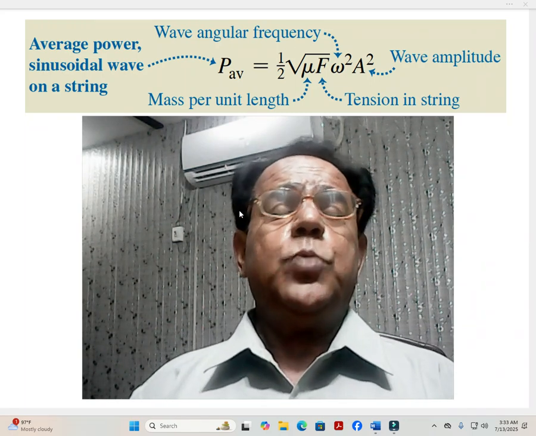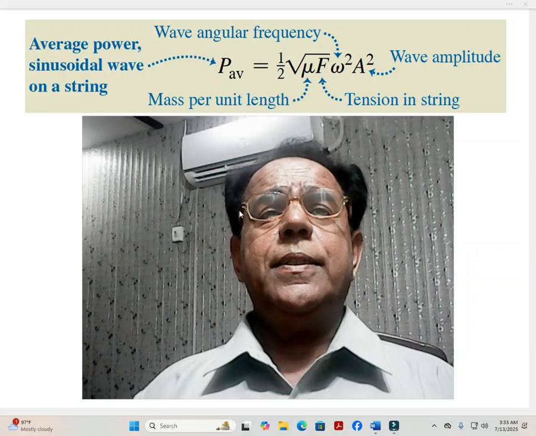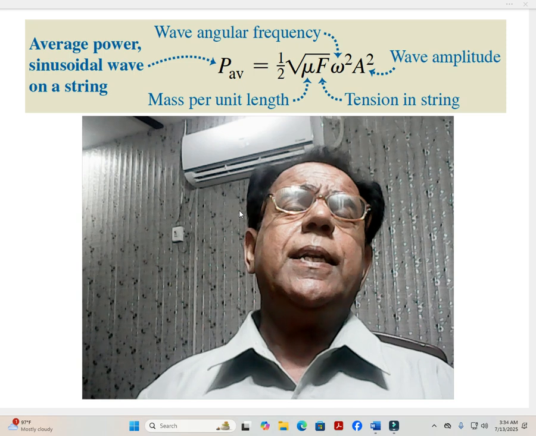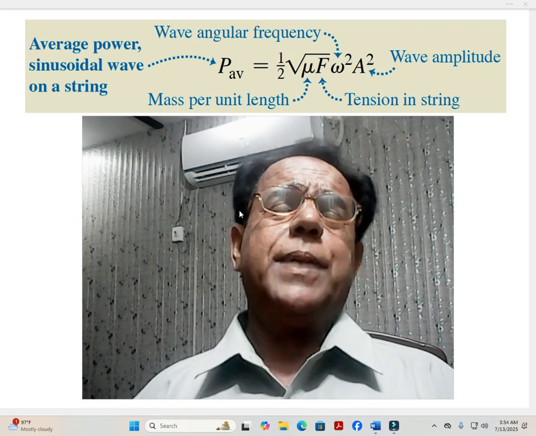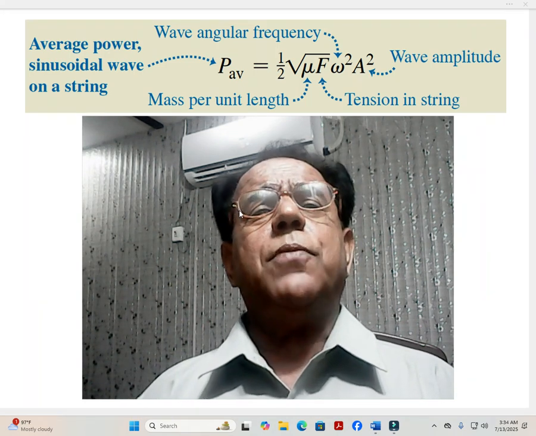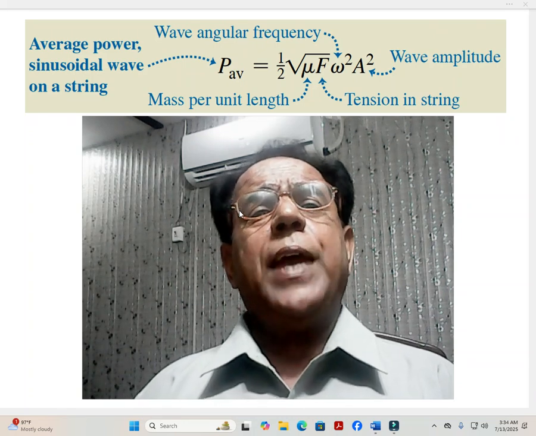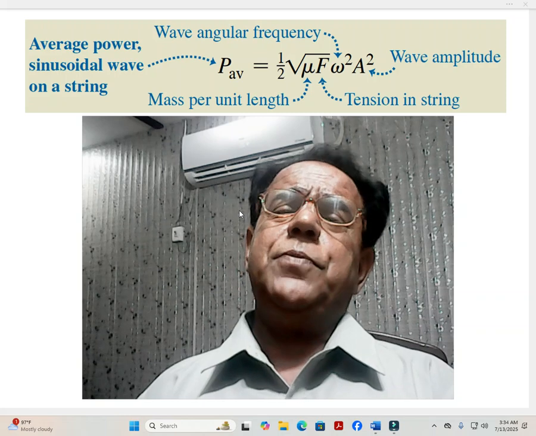So dear students, this expression is a little complicated, a little tricky, but it will solve our whole problem. We will just have to put the values in the expression and we will get our result.